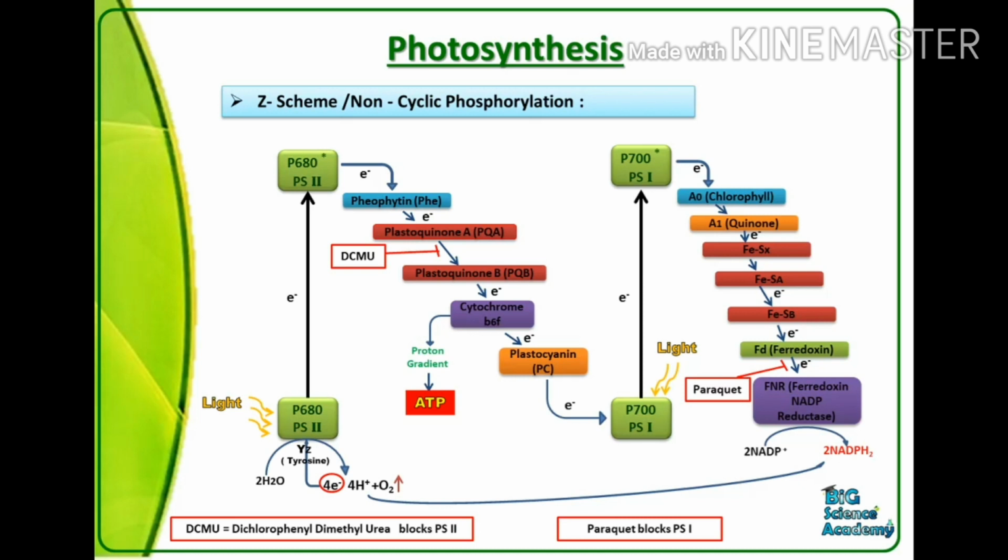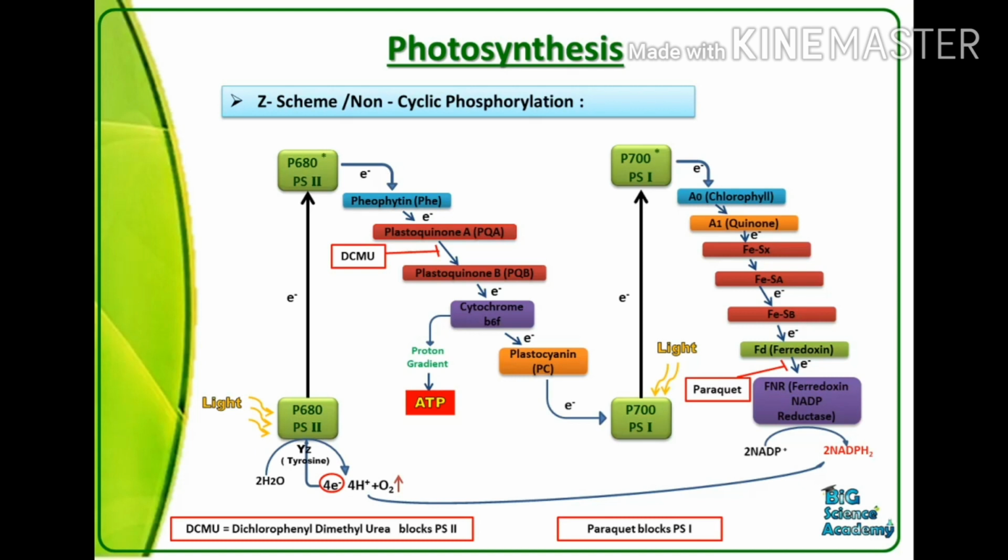Okay, so we now see that there are two boxes. One is the DCMU and the other is the paraquat. The DCMU or paraquat are the inhibitors of this non-cyclic phosphorylation process.